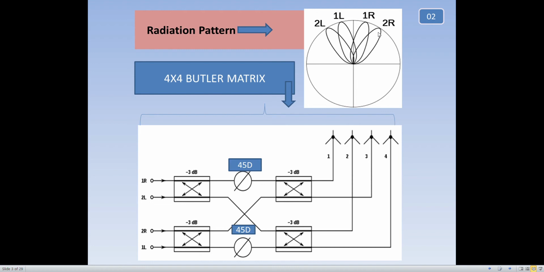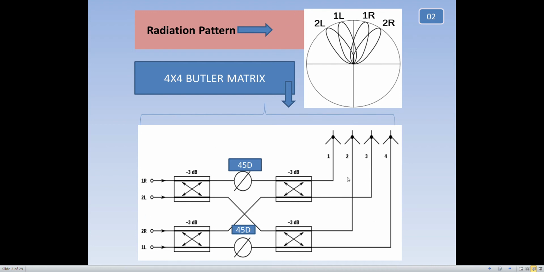If you want to transmit your signal from your tower in this desired direction, then you have to apply your signal at this port. And if you want to transmit your signal in this other direction, then you have to apply your signal here. And in a similar way, if you are willing to have your signal in this direction, then you have to apply your signal at this port 1L port. So this whole setup is called a switched beam patch antenna array.